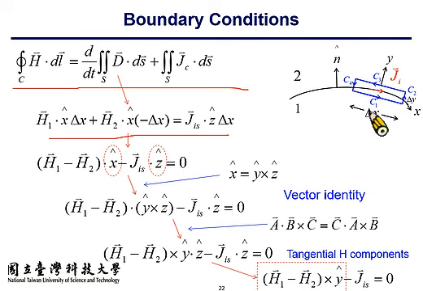For H1 and H2, the magnetic field intensity below and above the interface, we only account for the so-called tangential magnetic field, because the line integral will only account for the components of H1 that are tangential, parallel to the interface.